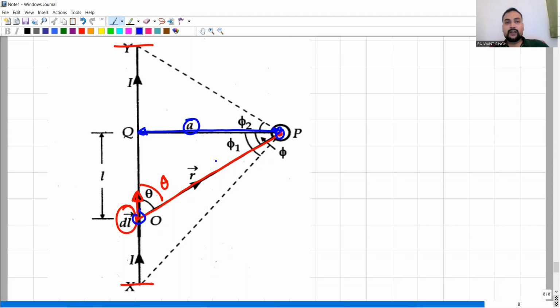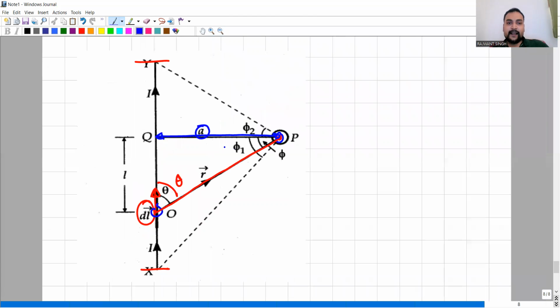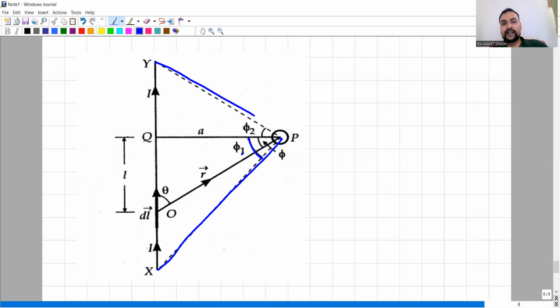And then from the point P, you are going to draw lines to the two ends of the conductor. So from the point P, you first draw the line XP, and this will become a certain angle. You will say this angle to be phi 1, and this angle will become phi 2.